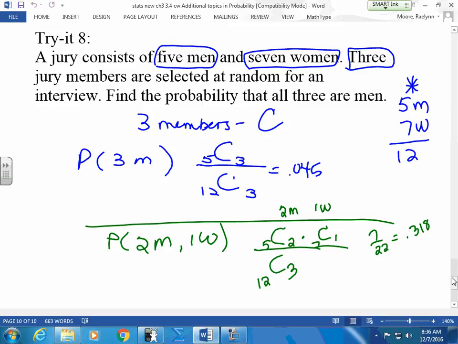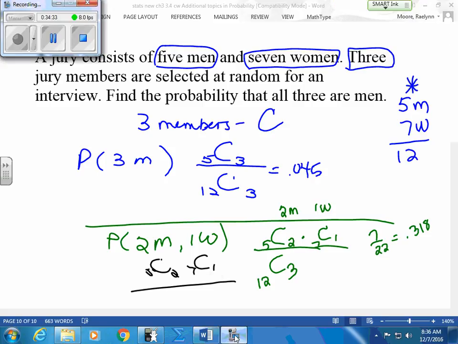Lay it out like this. I want to see probability of 3 men, 2 men, 1 woman. And that's how you're going to set right underneath it. How many men? 5. I want 2. How many women? 7. I want 1. Over your total probability. Don't forget your total generic. I call it the generic, the any 3. Make sense? Yes.